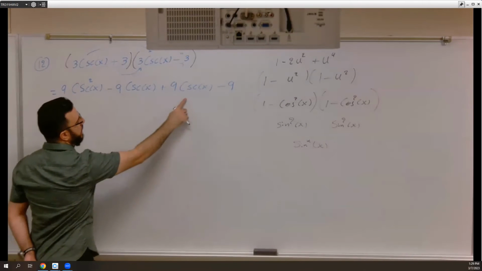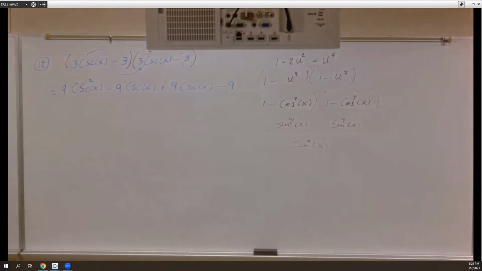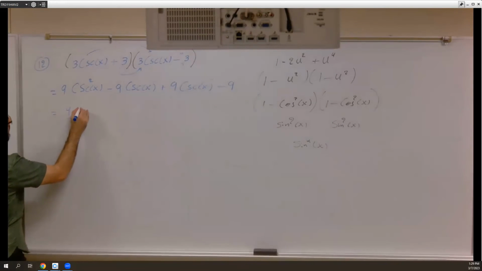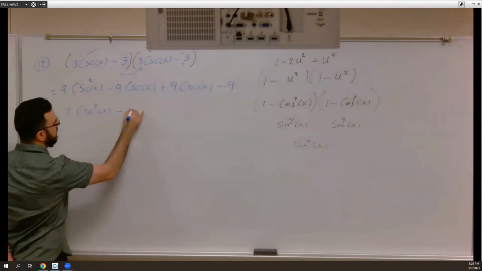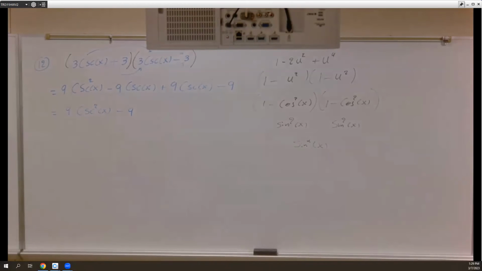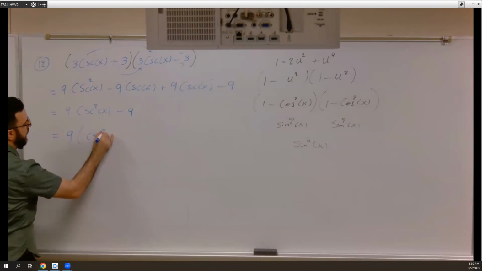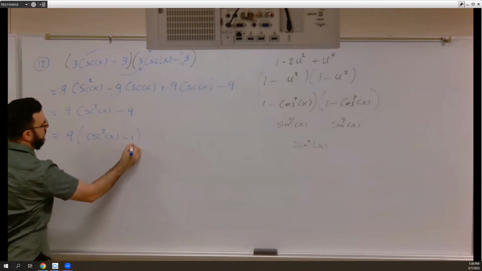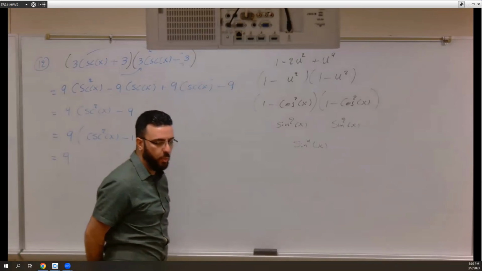Check the middle term. Can I cancel it? What's left is 9 cosecant square x minus 9. Can I take the 9 as a common factor? That's going to be 9 times cosecant square x minus 1.